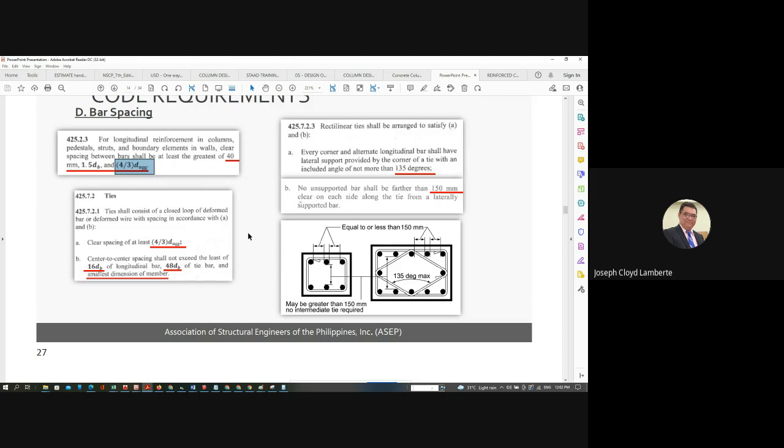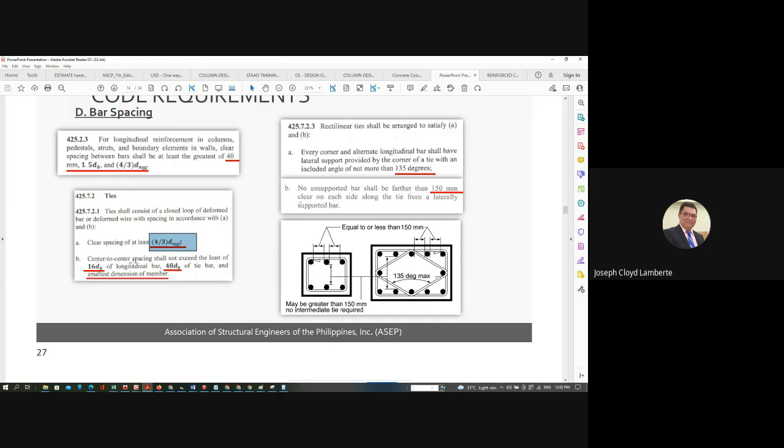So naakay 40 mm, 1.5 times the diameter of bar or 25 mm. Kay kasagara atong ginagamit nga aggregate kay kuan man. Diameter sa aggregate is 20 mm man. Plus 1 times 1.25 na mo ng 25 mm. So sa ties po na to is not greater than or it shall be less than 25 mm or 4/3 or 1.25 diameter of the aggregate.